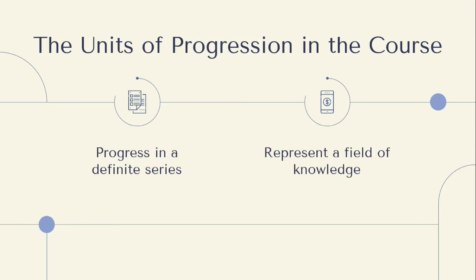The units of progression can be classified into two types: those that progress in a definite series, such as vocabulary levels, and those that represent a field of knowledge that could be covered in any order, such as topic.